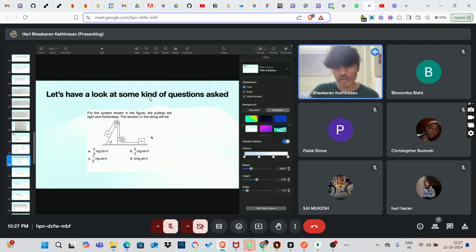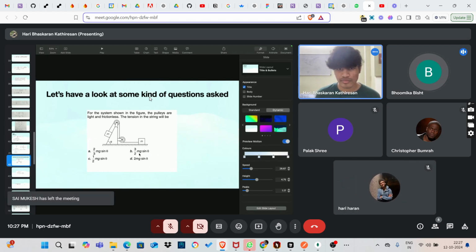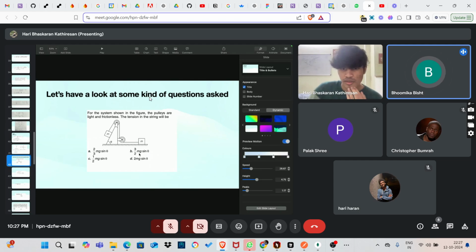So who would tell me the free body diagram for the mass M, which is on the ground? What are the forces acting on M? mg. I want the force and the direction. Okay, mg down. And tension along the string, this side. And what else?